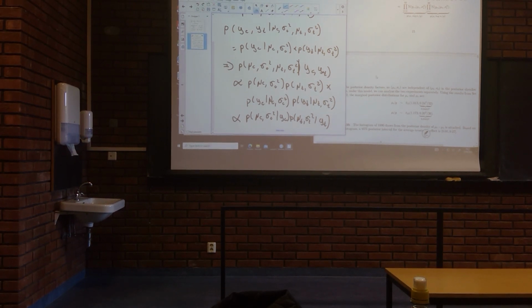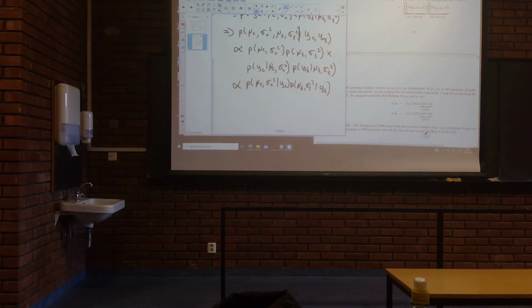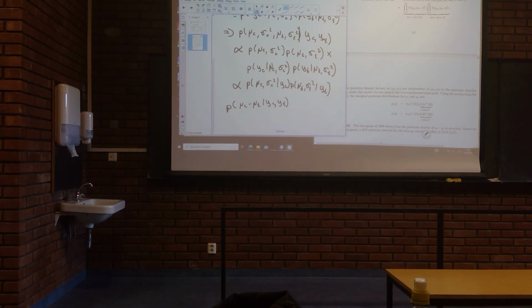And that is not that easy to derive: the distribution of mu_c minus mu_t given data, where we have to consider both data sets. One can write it down as an integral with respect to both t distributions, but it can be quite complicated to do that kind of calculation.